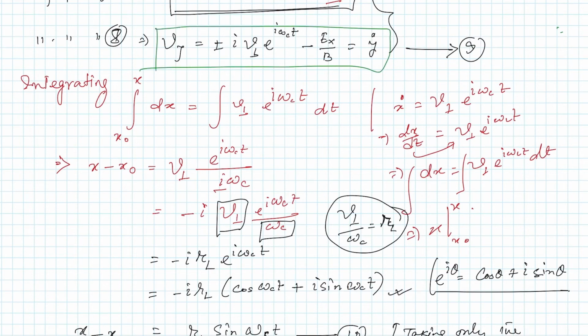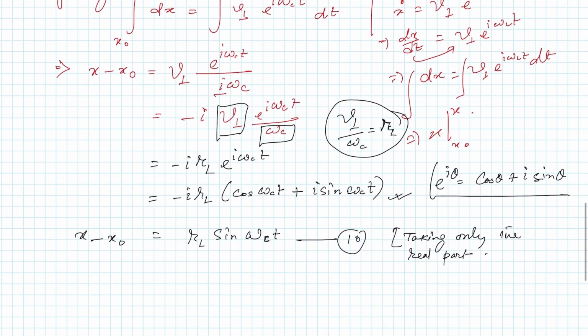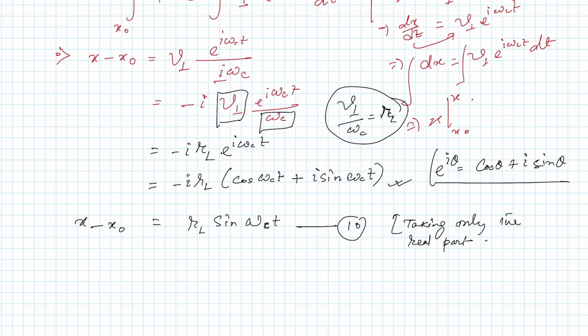If we integrate that equation, then we will get y minus y naught is equal to plus minus i v perpendicular e to the power i omega c t. Before writing this line directly, let me write this one first.